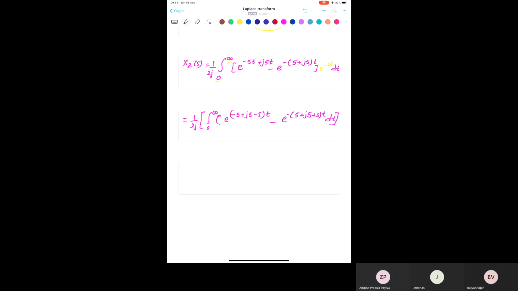Okay. So now if we take the integration of it, then it will be 1 upon 2j. We'll just integrate it normally.